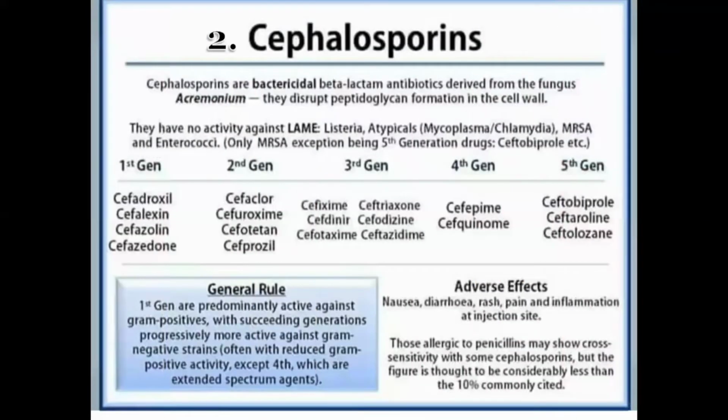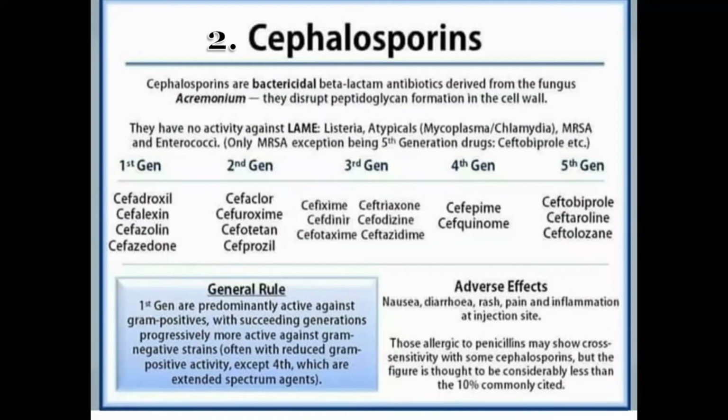We go to the second category, which is the cephalosporins. Cephalosporins are bactericidal beta-lactam antibiotics derived from the fungus Acremonium. They disrupt peptidoglycan formation in the cell wall. That's their function, and they have no activity against the LAME organisms.